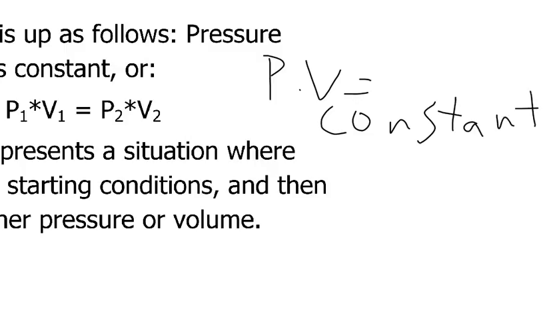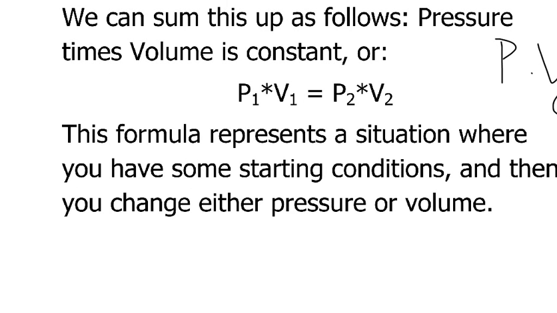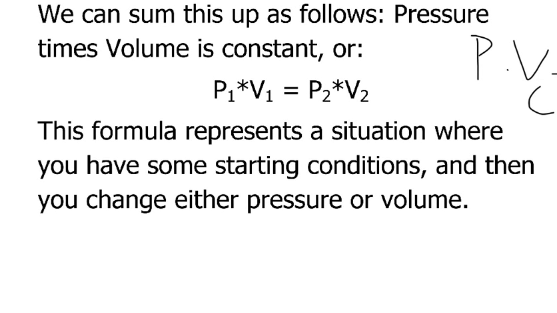So you can change the conditions, but the product of those two things has to be constant. This represents a situation where you have some starting conditions, then you change something about them, and then you want to calculate how the other thing changed. Say you send the balloon up into the atmosphere.